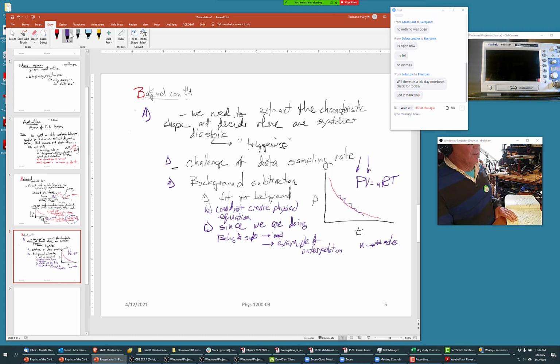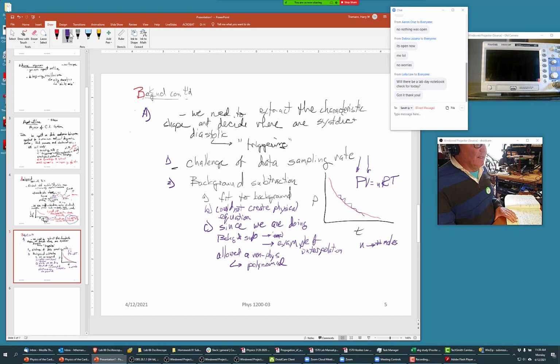And so this means we're allowed a non-physical equation, and the easiest one is a polynomial. It's just the most useful.